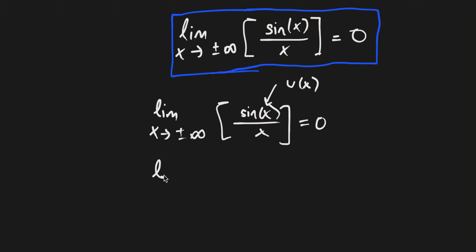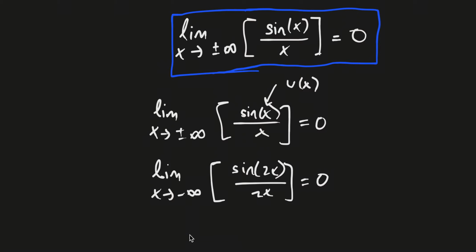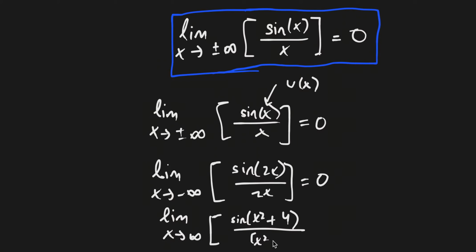So if we had the limit as x approaches negative infinity of sine of 2x over 2x, of course this is equal to 0. But if we also had the limit as x approaches infinity of sine of x squared plus 4 divided by x squared plus 4, this would also be equal to 0.